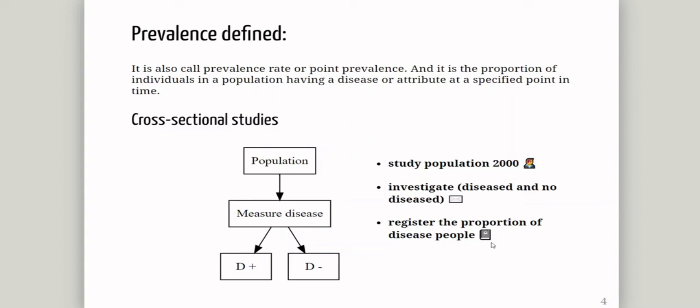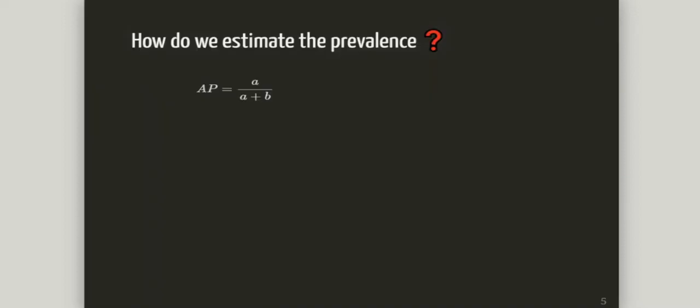And then we register the proportion of diseased people, the ones who were diseased and the ones who were not diseased. So this is basically how a cross-sectional study is done. Sometimes we call it a survey. And this information is going to be used to calculate the point estimate called prevalence.